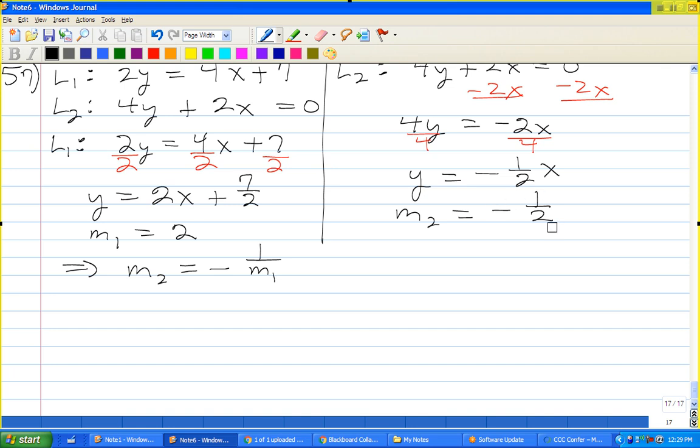So negative 1/2 is the negative reciprocal of 2. The reciprocal of 2 is a half, and so negative half is the negative reciprocal of 2. So therefore, these two lines are perpendicular. Let me do problem number 59.